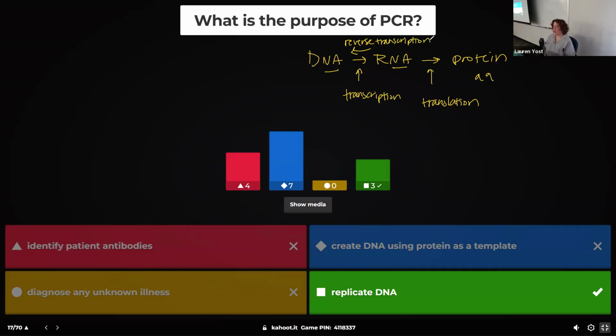Can your cells do that normally though? No. So you have to be HIV or something like that. They have a special enzyme called reverse transcriptase that some viruses have that allow for that to happen, but your cells can't do that naturally. So this is how biology works.